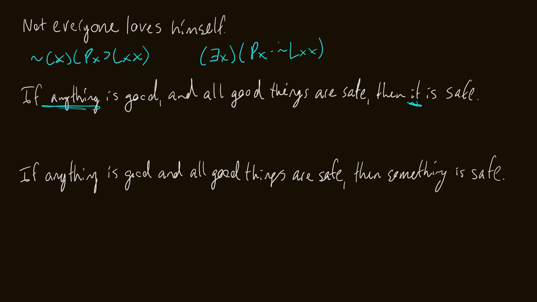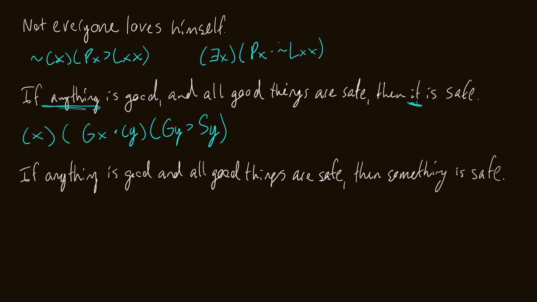I don't think that really made sense with me saying that out loud, so let's write it symbolically. For all X, if X is good, if anything is good, and then for all Y, if Y is good, then Y is safe. So that is our translation for if anything is good and all good things are safe.